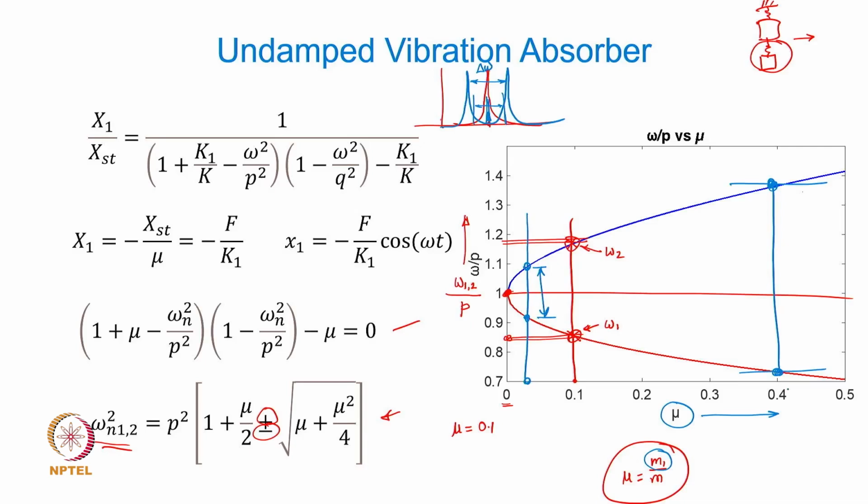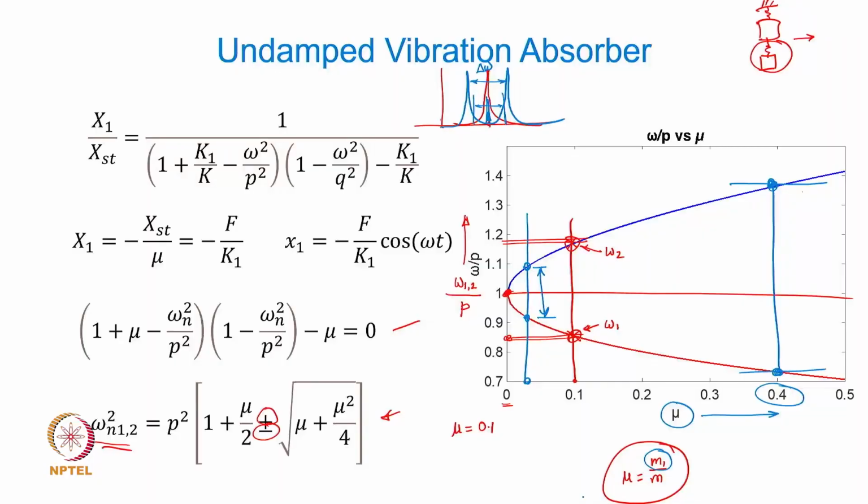What is the problem in then selecting a higher value of mu? First, these curves are flattening out. That means any increase in the value of m1 is not going to fetch you a reasonably wide frequency split. And number two, which is more important, nobody would allow you to attach a heavier mass to the parent system, your original vibratory system.